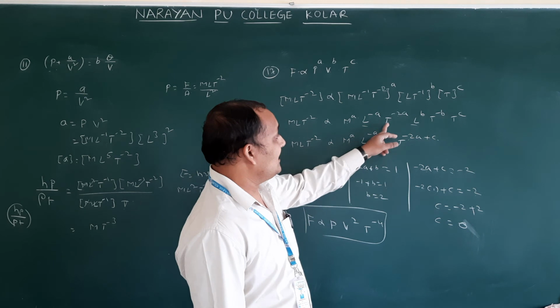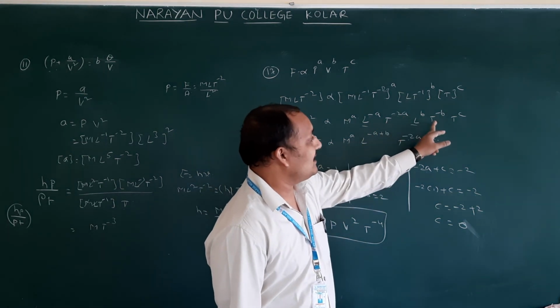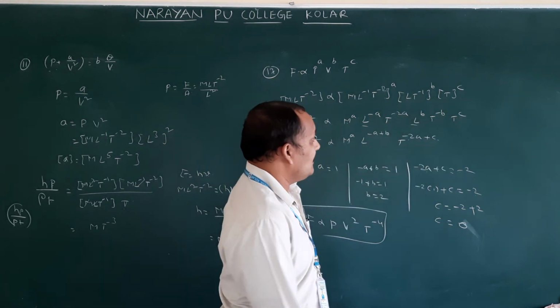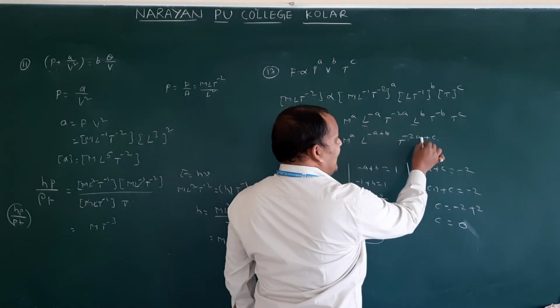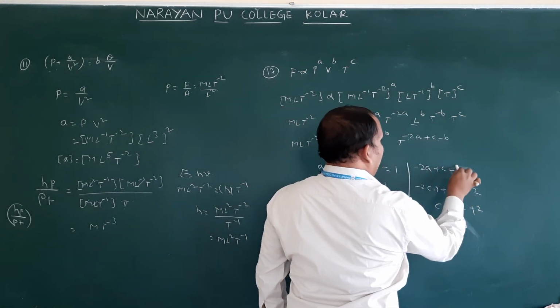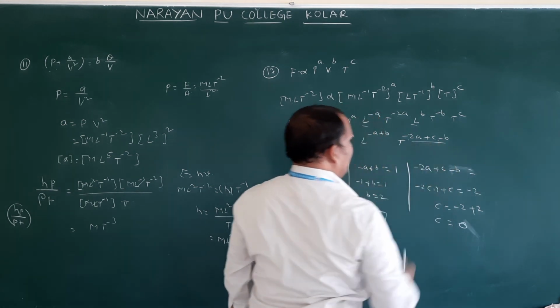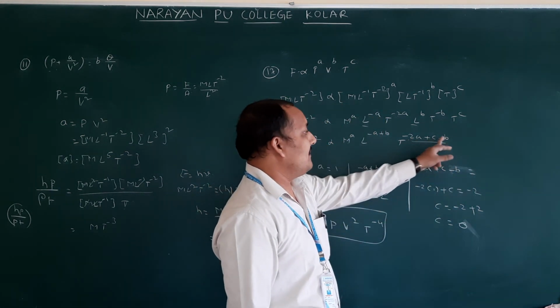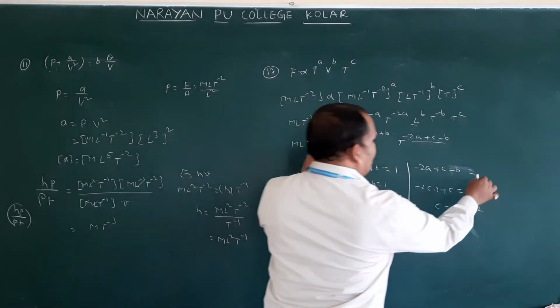So in total there are 3 T's: T power minus 2a, T power minus b, T power c. We left out that minus b, we forgot it while calculating. So minus 2a minus b plus c equals minus 2.